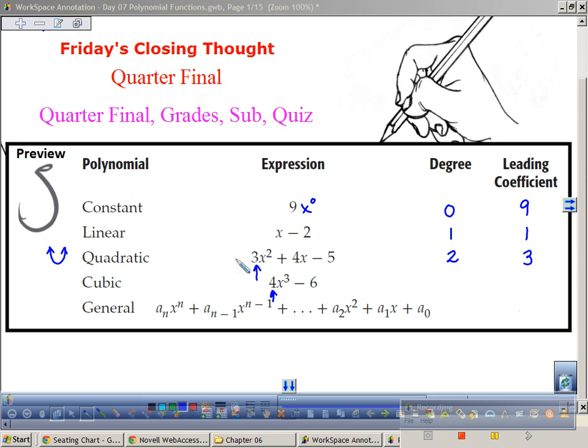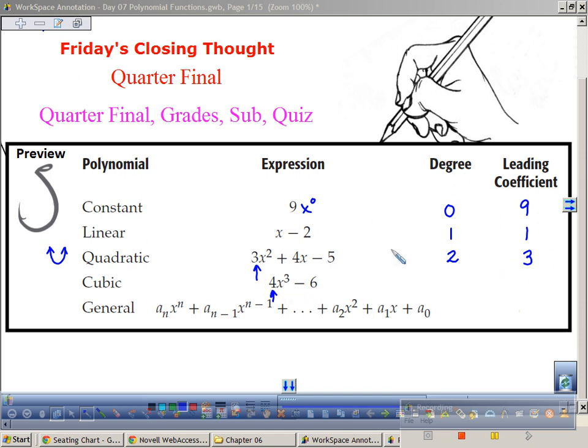The y-intercept is what? What is the y-intercept? -5. Okay, enough about that.